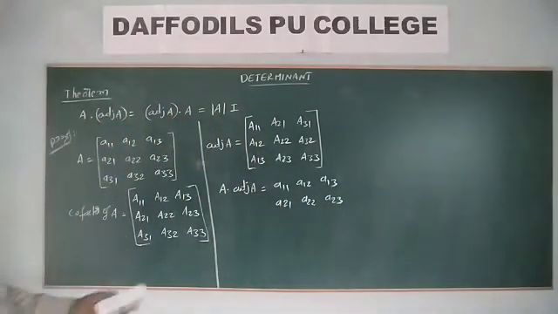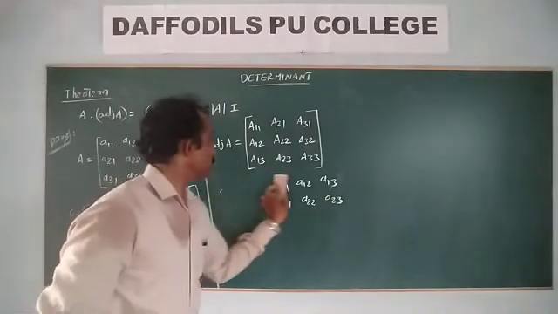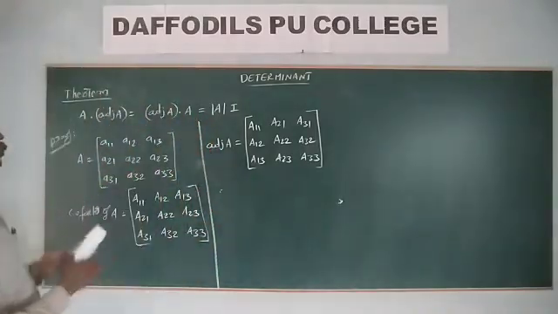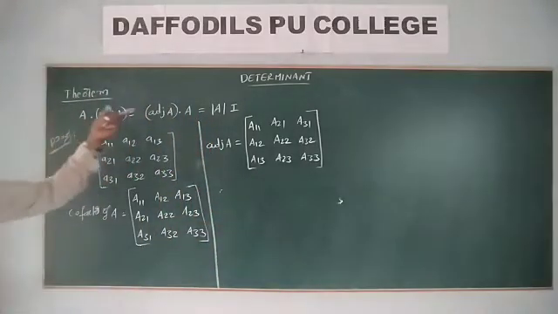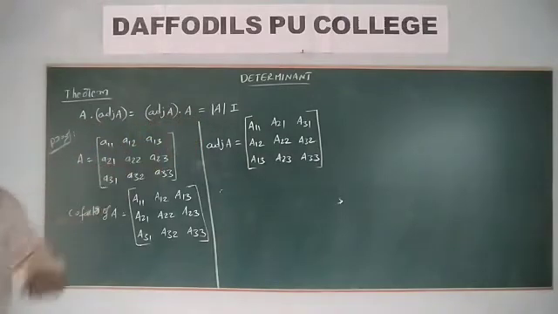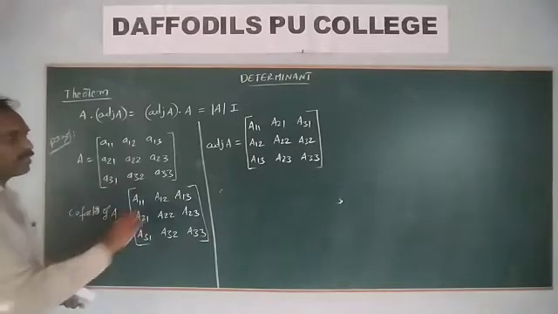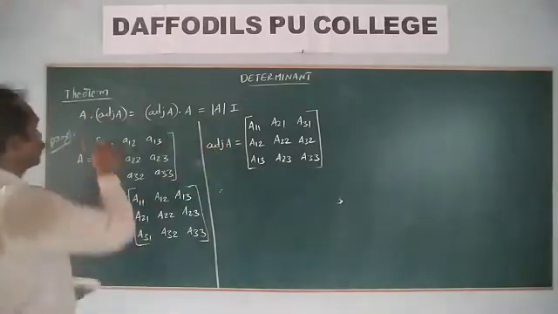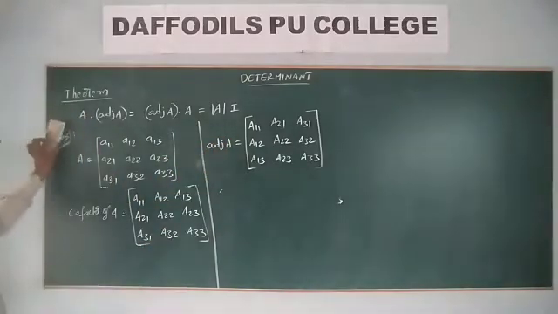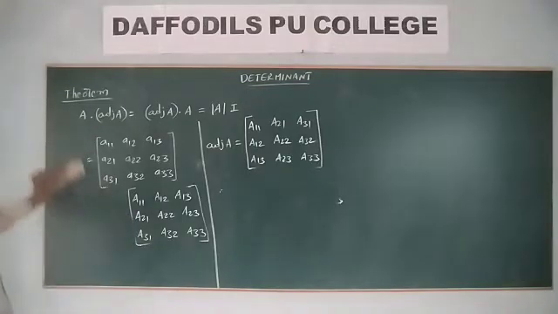First of all, space is not sufficient, so I'll explain from here. We will prove A into adjoint A is equal to adjoint A into A, which is equal to determinant A into I. First take the matrix A, find the cofactor of A, next adjoint A, and then we'll prove A into adjoint A. I will take it here.